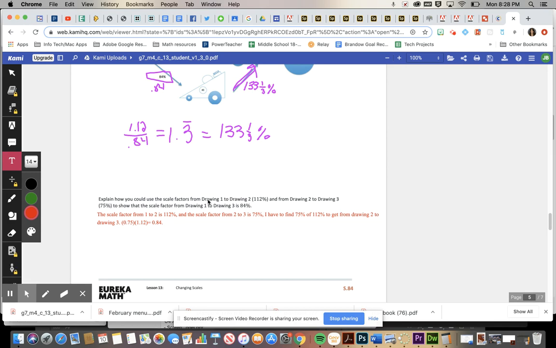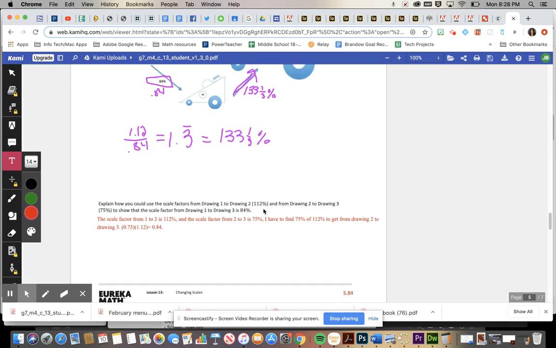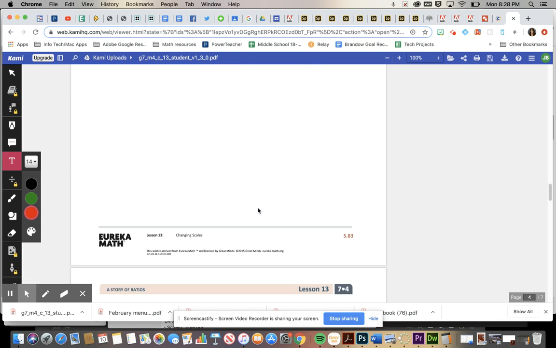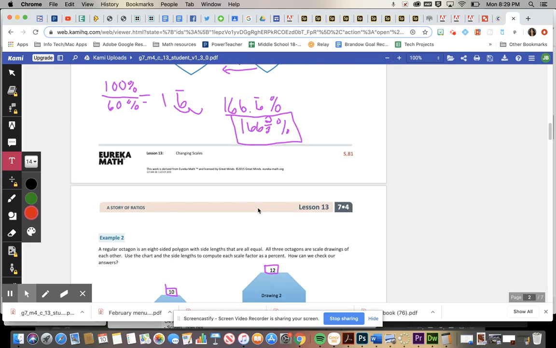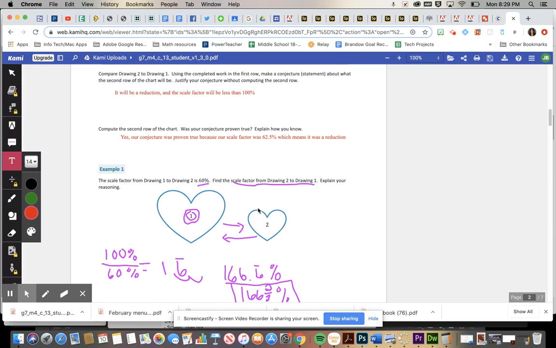Another way that we could think about this problem is like the problem up here, where we knew the percentage scale factor from 1 to 2 was 60 because it was a reduction, and we had to figure out from 2 to 1 what it was. And I started with 100% for the original and divided by the percentage that we knew.